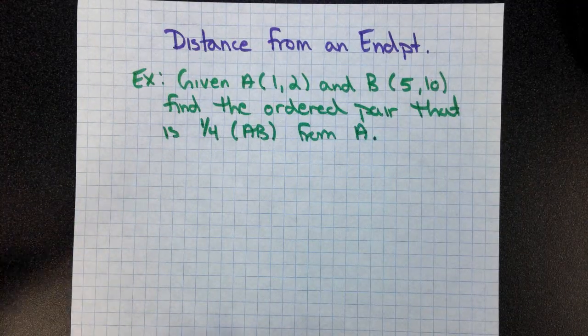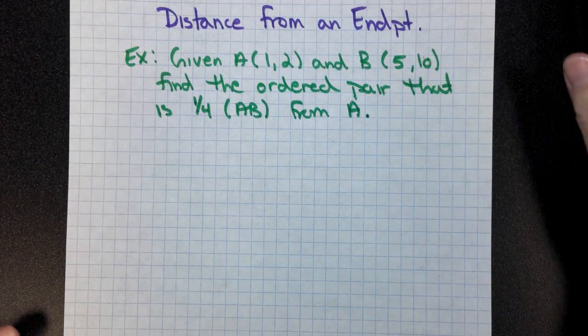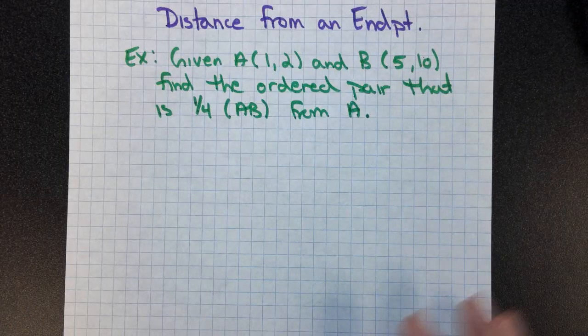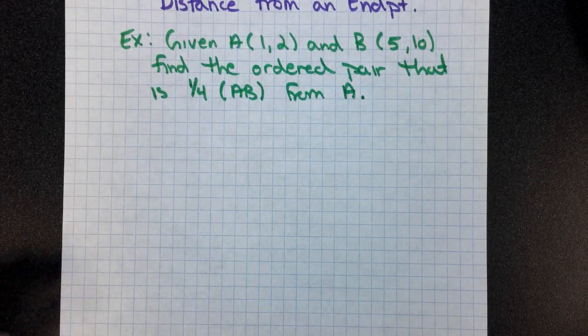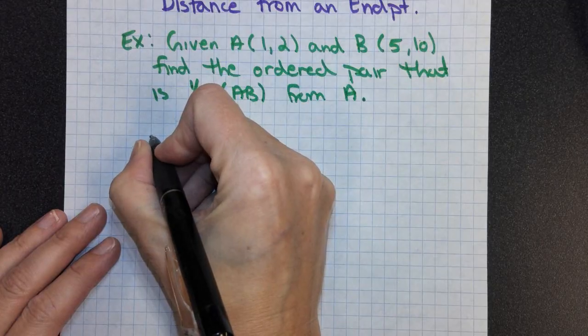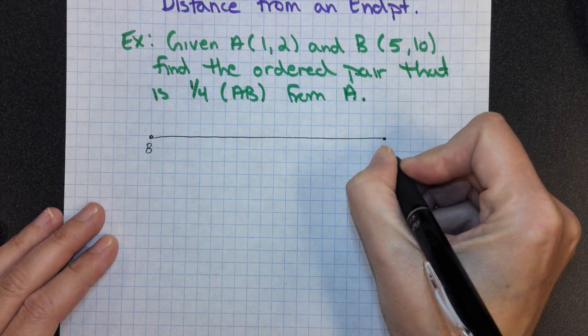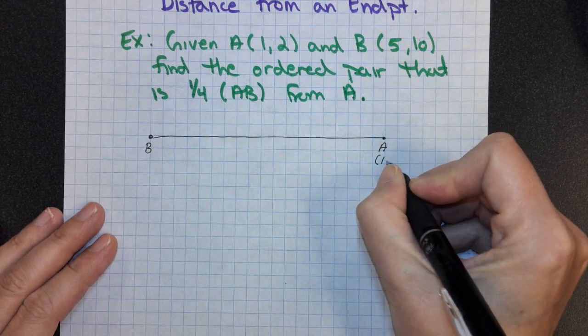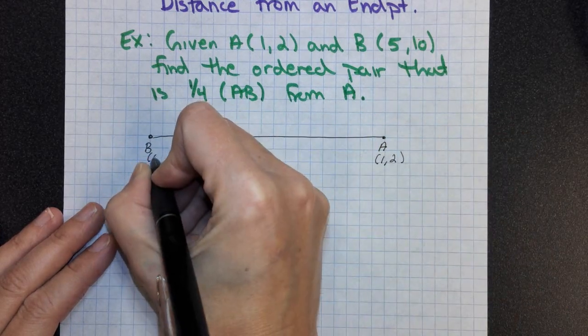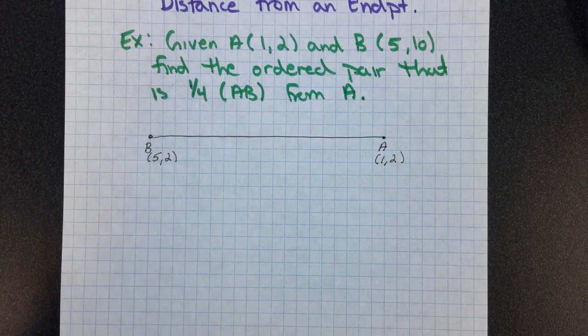There's several different ways to solve this, so we're going to use the formula first to help you out before we show some different methods. So I'm going to start with B right here, and I'm going to go to A. This point is (1, 2), and (5, 10). Notice I'm not worried about graphing it.